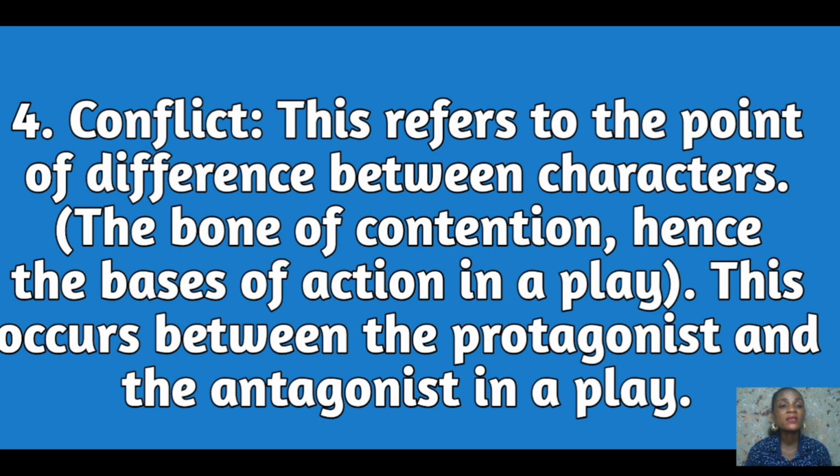So, when we now say conflict, conflict is the bone of contention because without conflict, there is no drama. Without conflict, there is no story. So it is conflict that helps the story that is unfolding at that particular moment. Conflict is also an important element of drama.